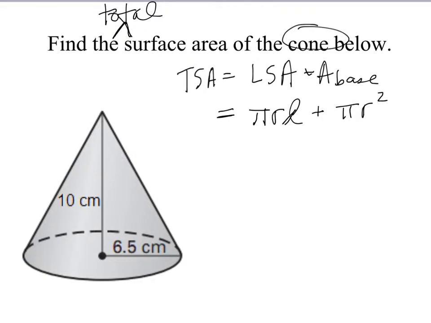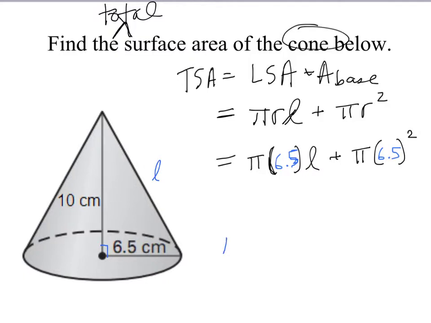So let's plug in what we know. The radius is given to me, that's 6.5. But I don't know the slant height, it's actually not labeled. Fortunately they did give me the height of this cone, so without too much work I can figure out what L is. Hopefully you're all shouting in your heads, use Pythag.